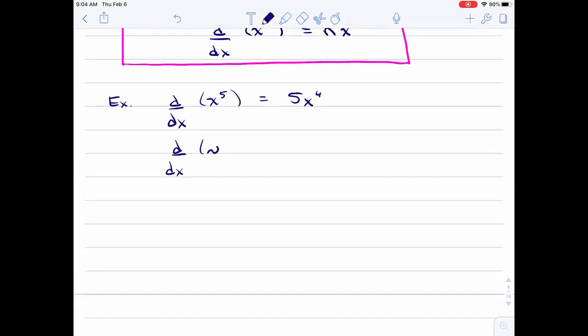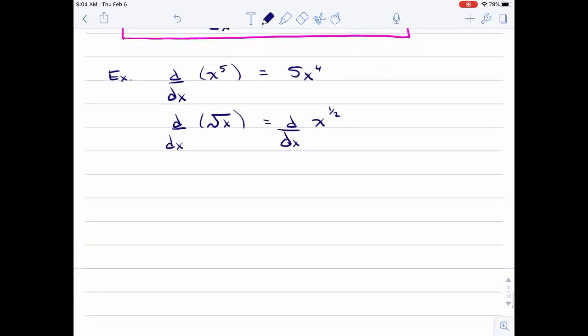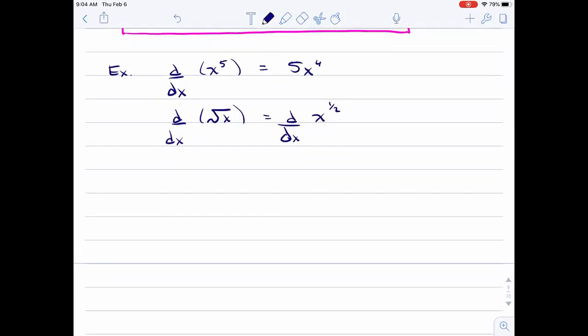We also said it can extend to any value of n. So even if I have something like d dx of root x, well, now I'm taking the derivative essentially of x to the 1/2, right? So the key is going to be to rewrite these things with exponents instead, because now I can bring that exponent down.